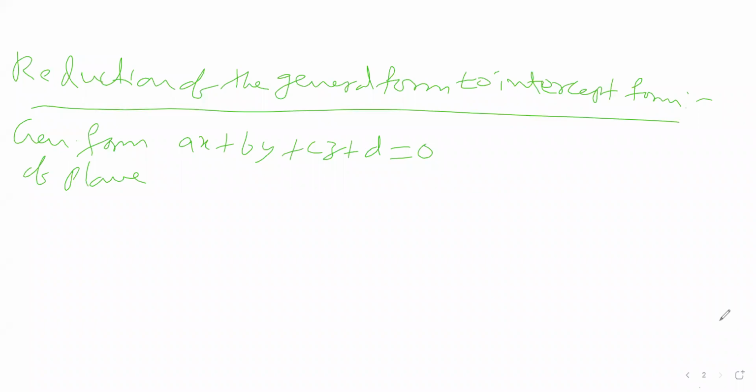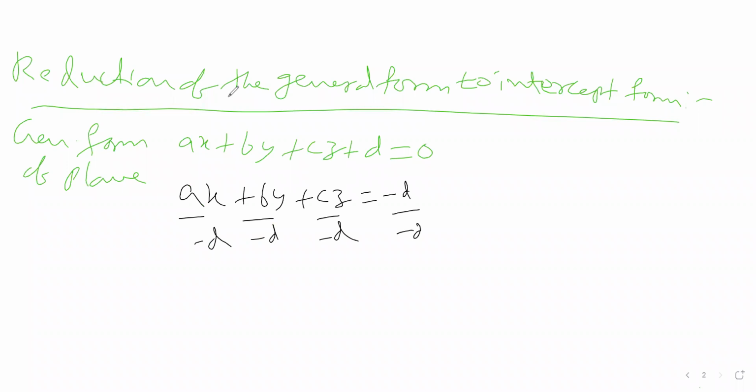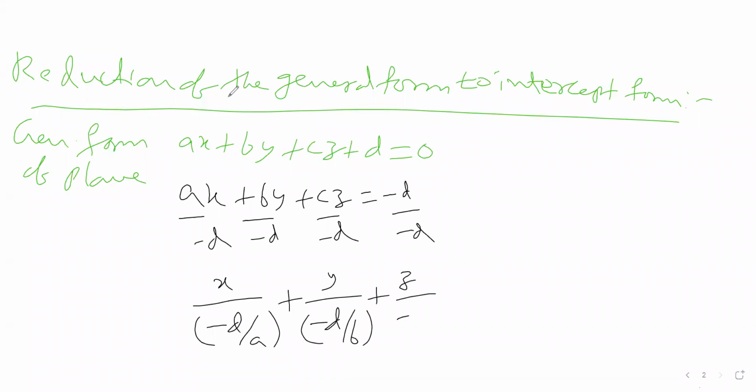Now to convert this into intercept form, the idea is simple. Bring this d to the RHS, which gives minus d, and divide the whole thing by minus d. Then we get x by (minus d by a) plus y by (minus d by b) plus z by (minus d by c) equals 1.